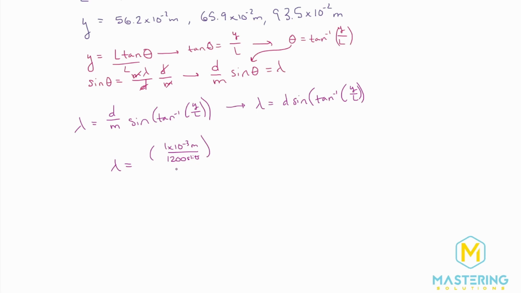We don't have to worry about m, but we can also put 1 there. Then we multiply that by sine, and then inverse tangent. And then y here is the one that will change. For the first one, we have 56.2 times 10 to the negative 2 meters.